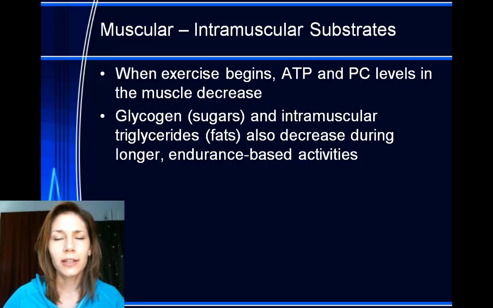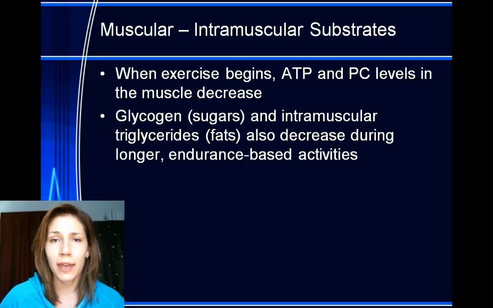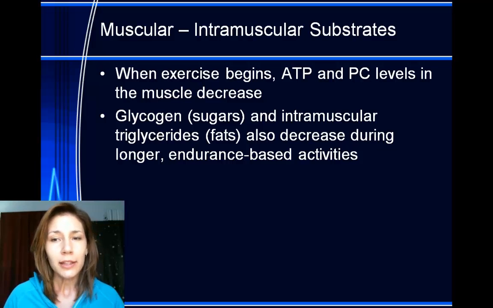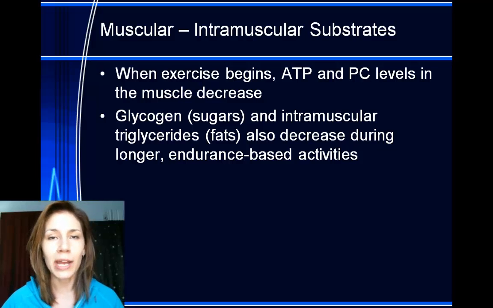Intramuscular substrates is basically just a fancy word for the fuels that hang around inside the muscle. When you're doing those short intense activities, ATP and PC, PC meaning phosphocreatine, both decrease, because you use them up to do the activity. Once they've been eliminated, you start to use glycogen as a fuel to create more ATP.